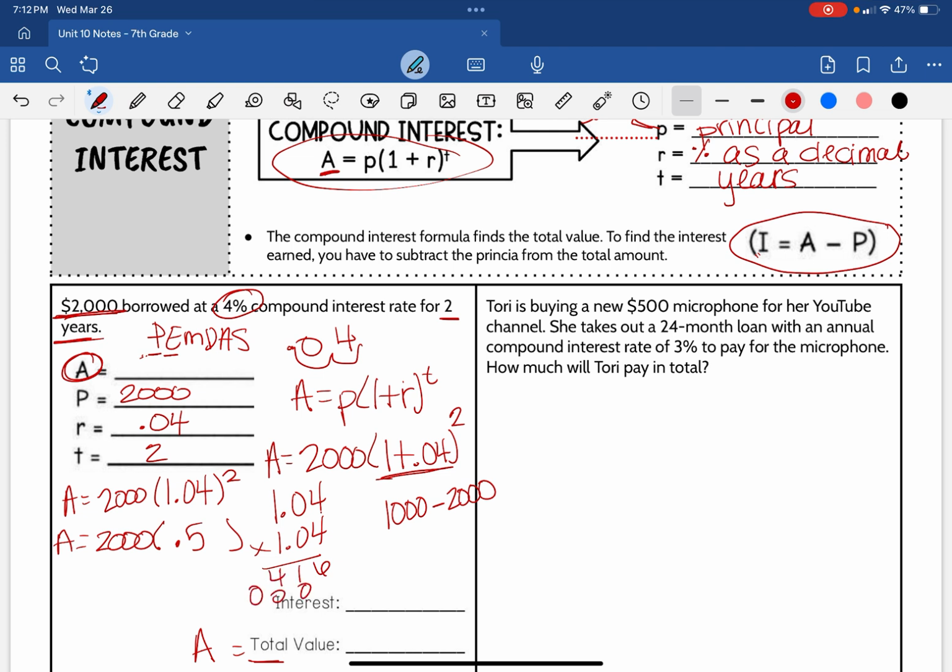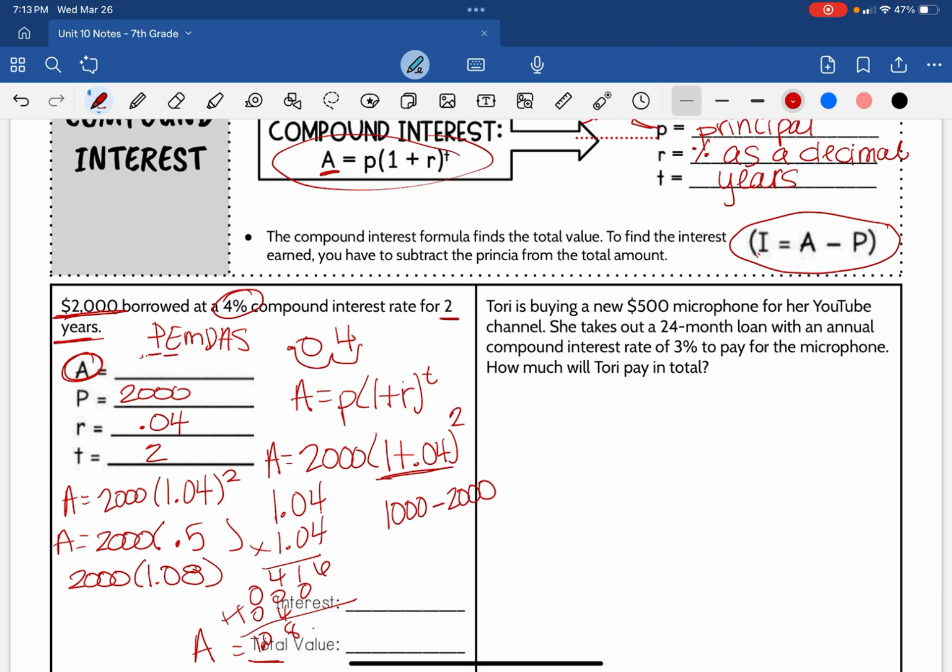1.04 times 1.04. 1, 2, 3, 4. Now, 2,000 times 1.08. We're just going to cut these two numbers off.